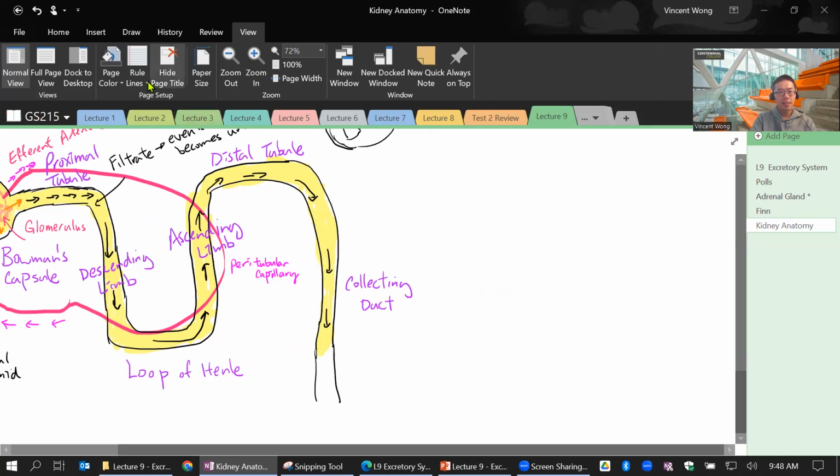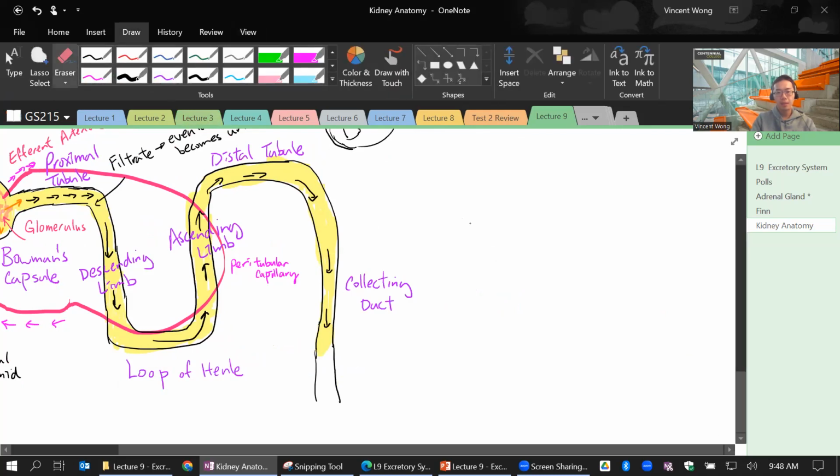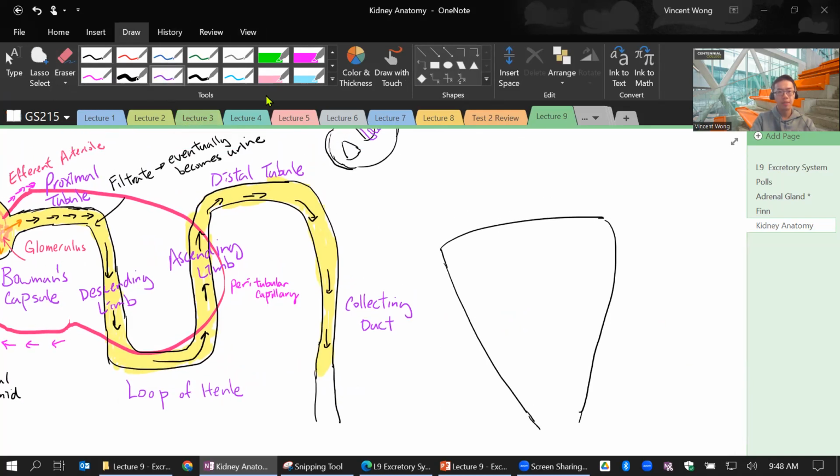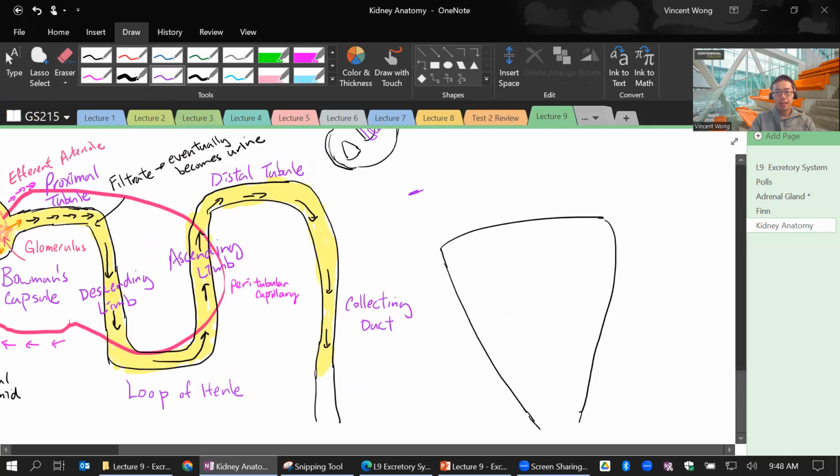Now take a look at this, please. I'm just going to draw another renal pyramid here. Okay, watch before you copy. So by now you should know: Bowman's capsule, proximal tubule.